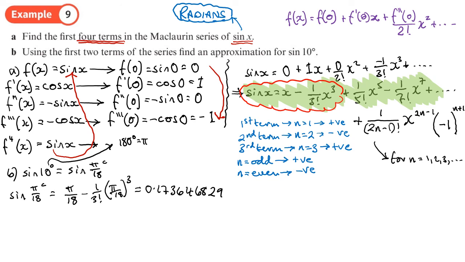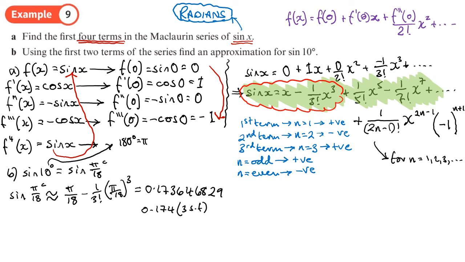Now because we're doing an approximation, really I shouldn't be using an equal sign. So let's say that it's approximately that. The more terms in the expansion I use, the better my answer would be. So let me just write this down to 3 significant figures. So that would be 0.174. That's 3 significant figures.